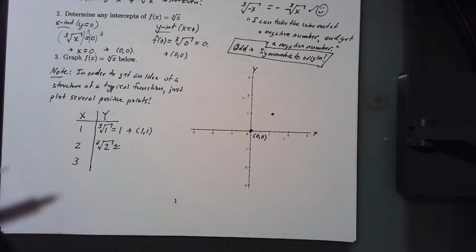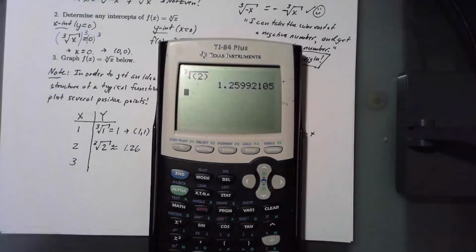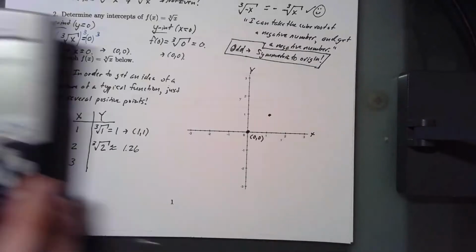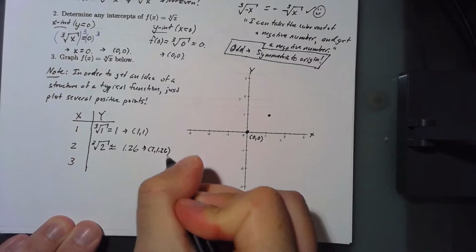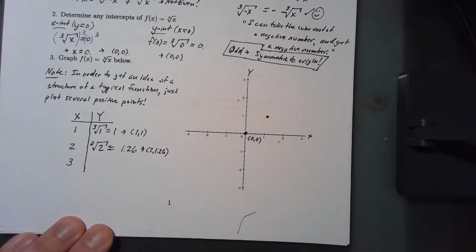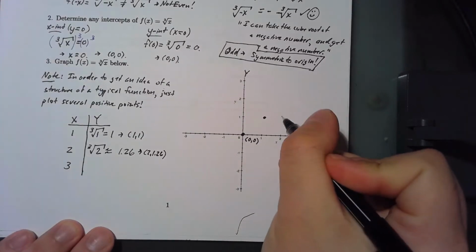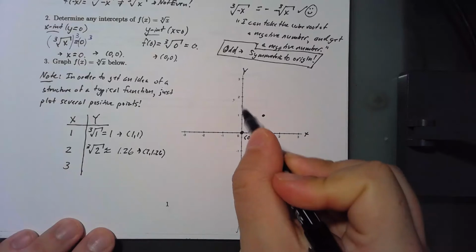The cube root of 2 gives me approximately 1.26. So that's the ordered pair (2, 1.26) roughly. I'm just approximating here.